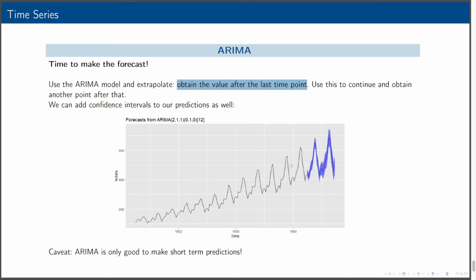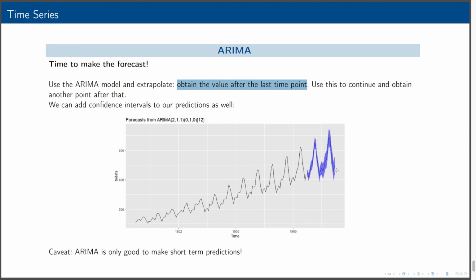It would look like this: you have this time series that is increasing, and until here is your data, and from here on, this part is the forecast. It goes up, up, and down. And the purple parts are the confidence intervals: how confident is your model that it will be there?